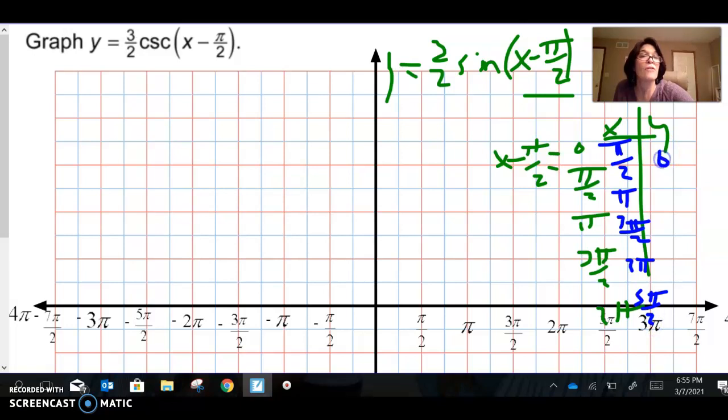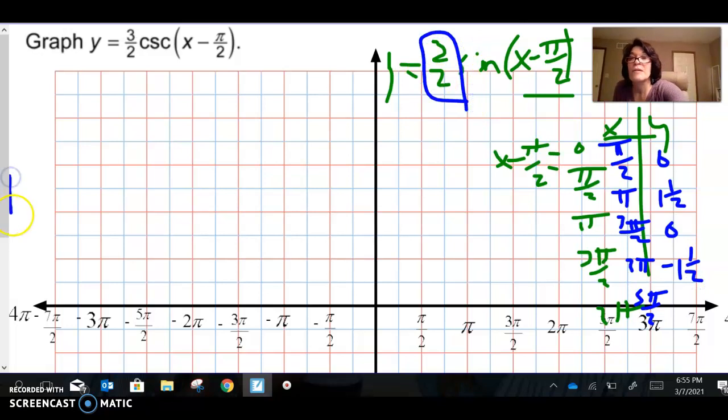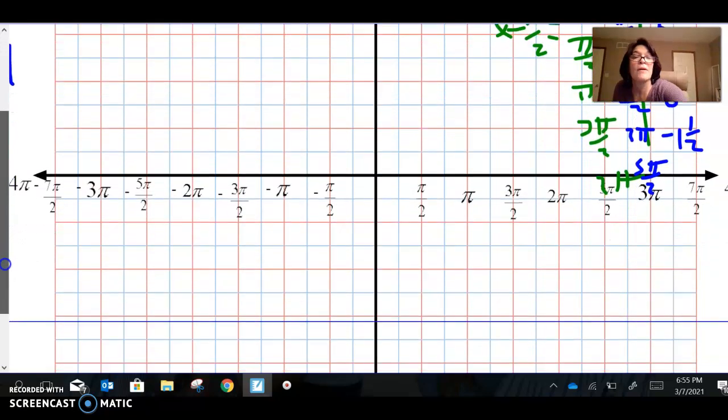I'm multiplying all these by 1/2. So it used to be 0, 1, 0, -1. Well, my amplitude is 1/2. So I'm going to graph those. Pi over 2, 0.